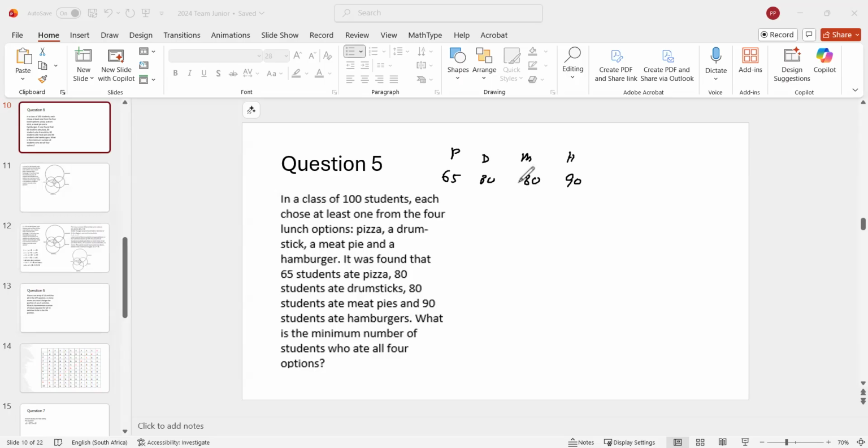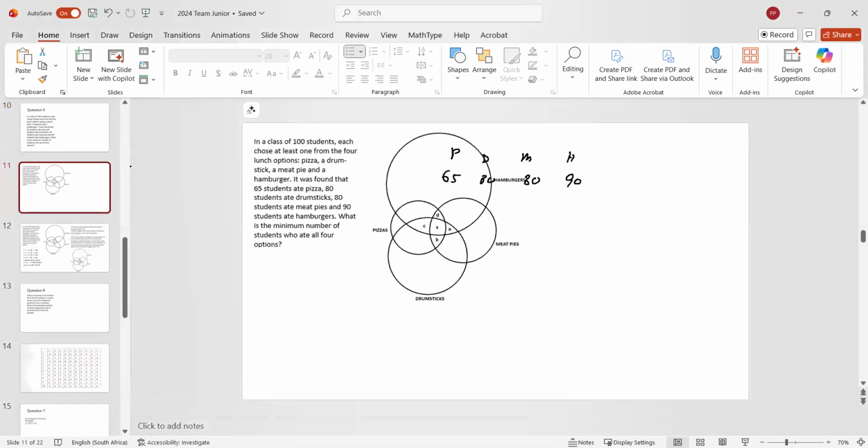Okay, let's just draw a Venn diagram so that we can understand this a little bit better. It's a Venn diagram of 4 sets, which is a little bit more complicated than the usual.